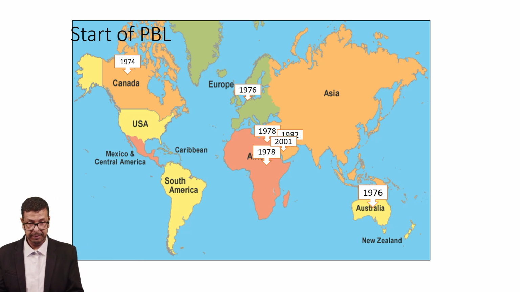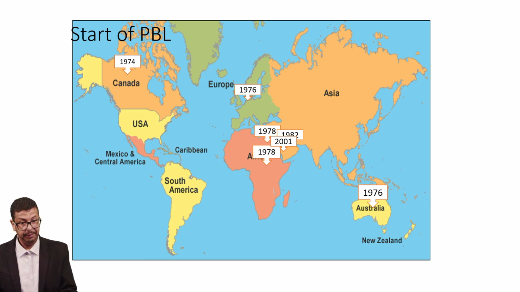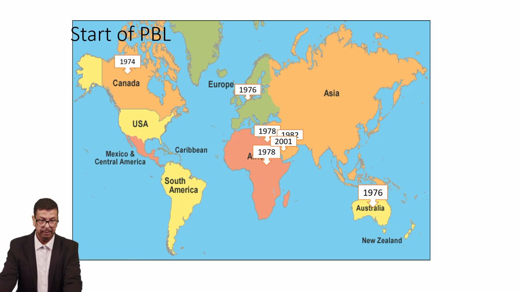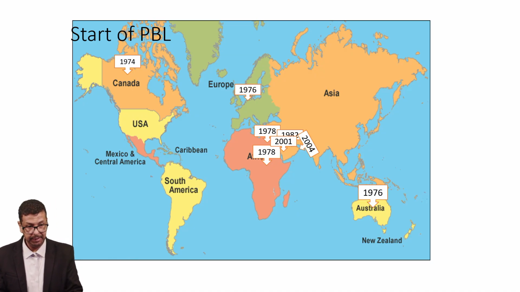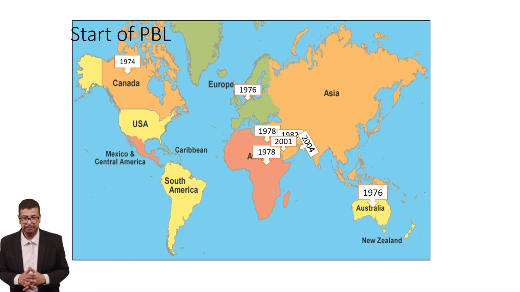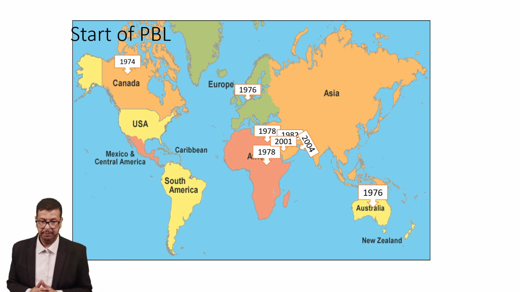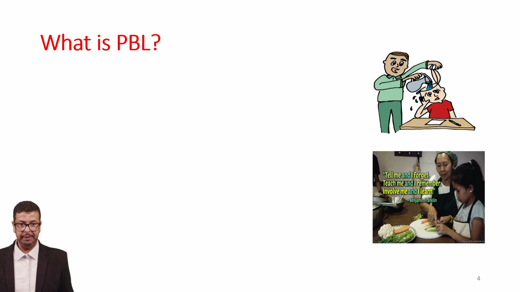Then in the GCC countries, here in Qassim University in 2010, following Arabian Gulf, and here in Sharjah in 2004. And nowadays, most of the universities across the world are using problem-based learning.